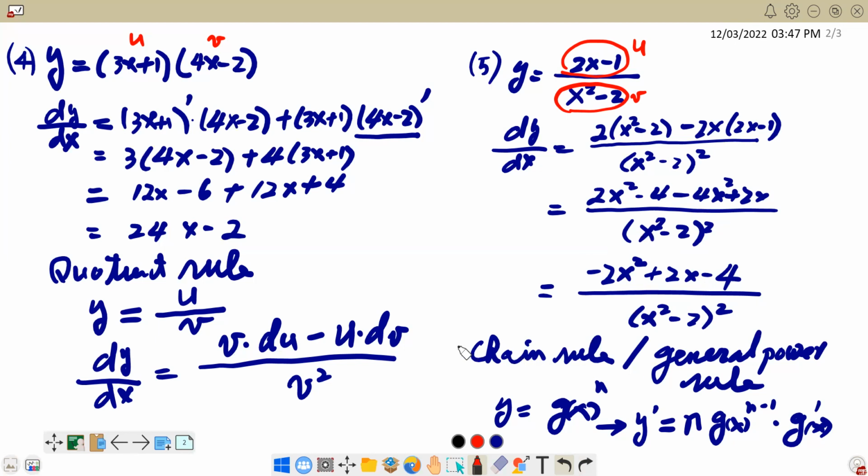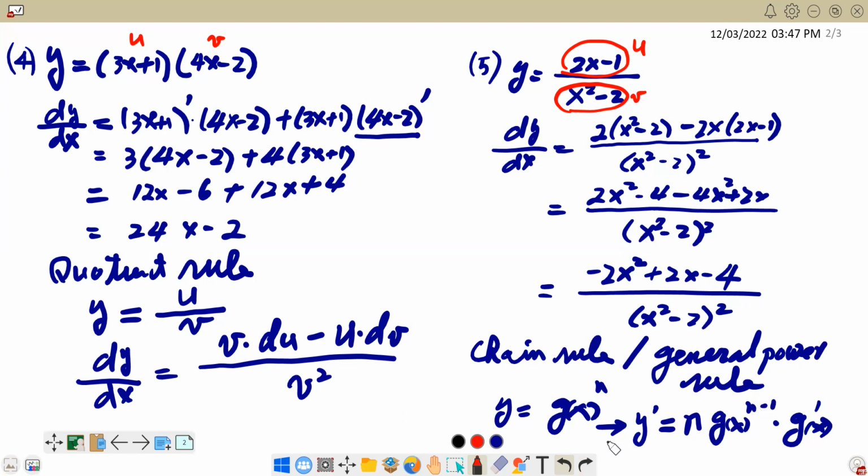Finally, we get to the chain rule. Because our textbook only uses algebraic functions, the chain rule can be considered as the general power rule. If you learn trigonometric functions or exponential functions, then the chain rule is a little bit different, but here we just use the general power rule.